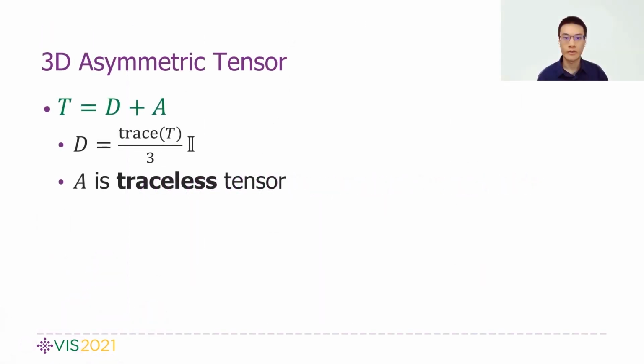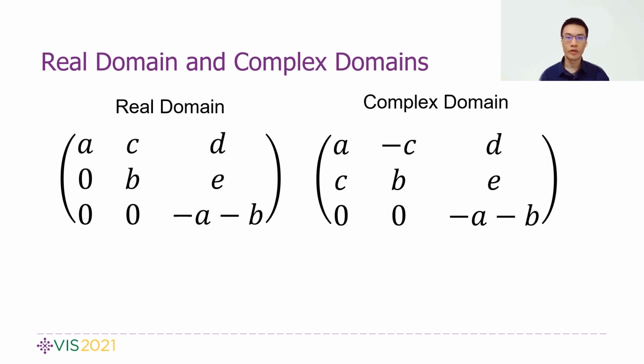A 3D asymmetric tensor can be decomposed into a multiple of the identity matrix and a traceless tensor. This traceless tensor has the same set of eigenvectors as the original tensor. Therefore, we begin with the analysis of 3D traceless asymmetric tensors. Here we show the real Schur forms of 3D traceless asymmetric tensors in the real domain and the complex domain.